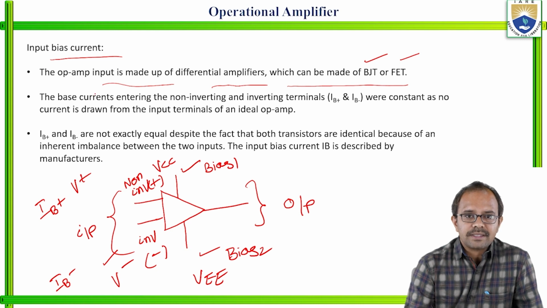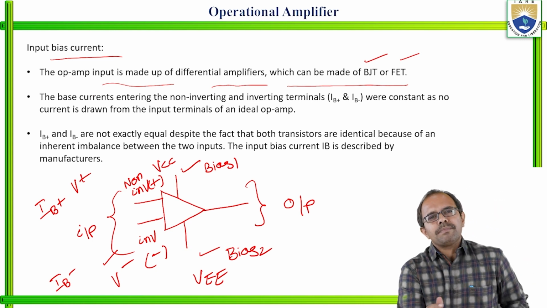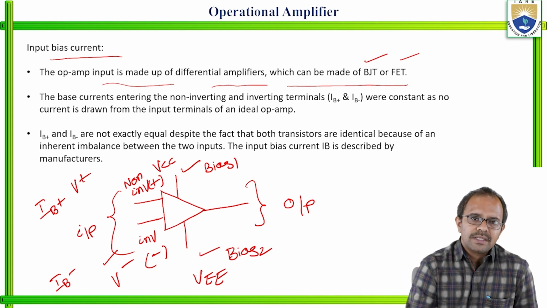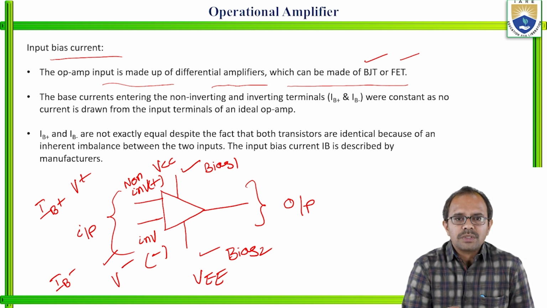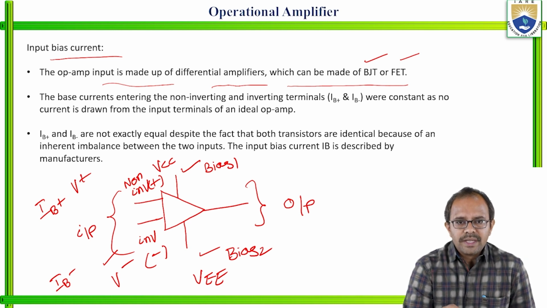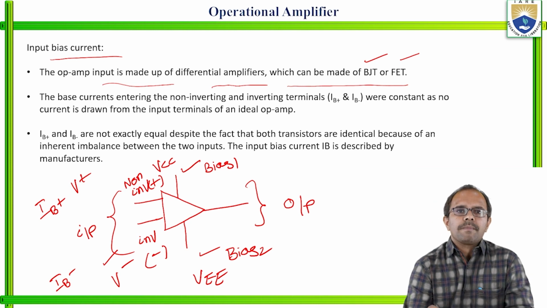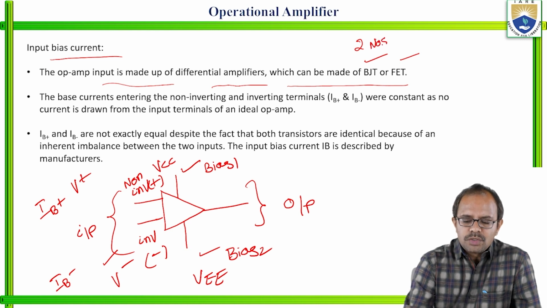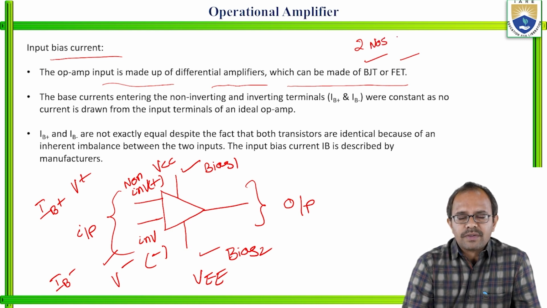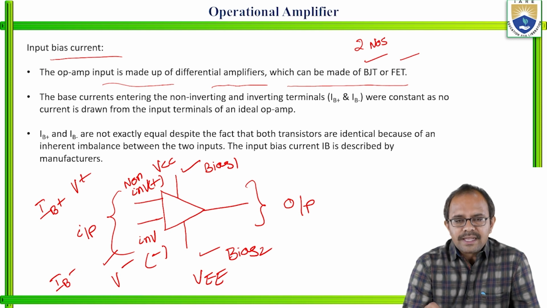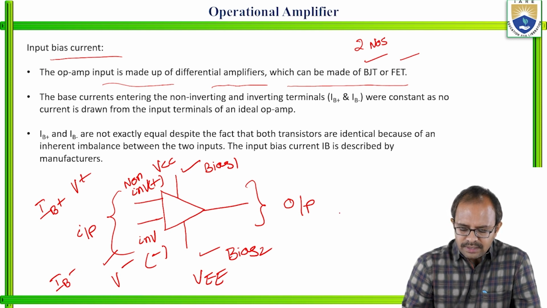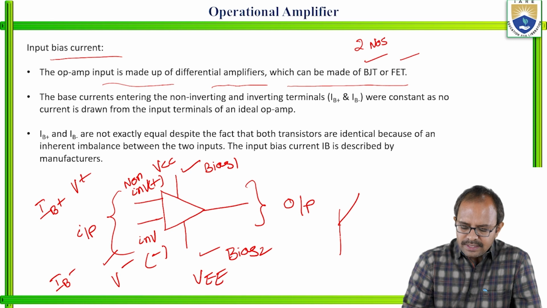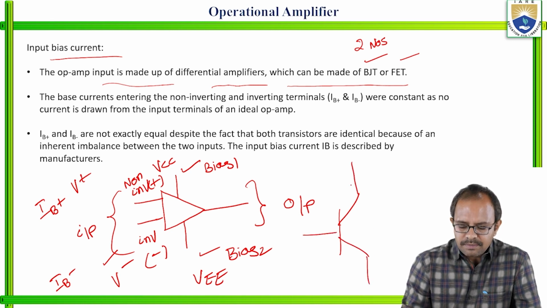And the base current. What is base in a transistor actually? See, base means we are talking about the BJT. So in BJT, suppose you design a differential amplifier using two BJTs. Each transistor consists of what? A transistor basically consists of three terminals, right? What are the three terminals?